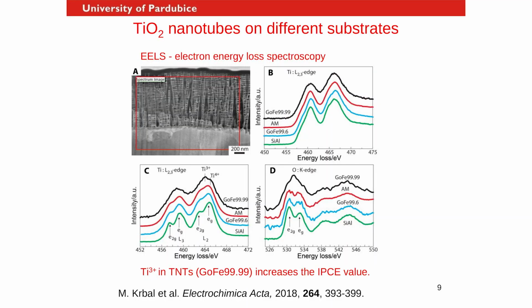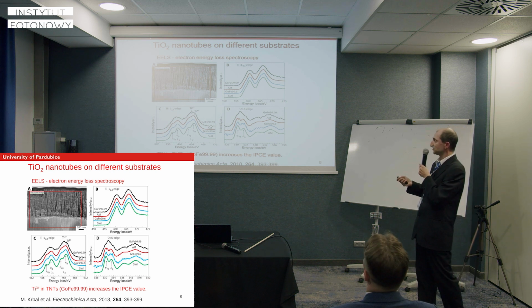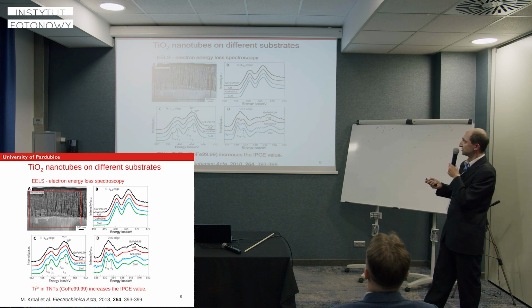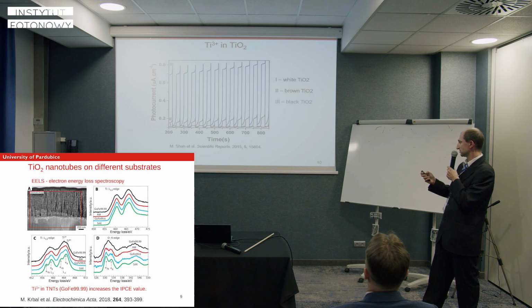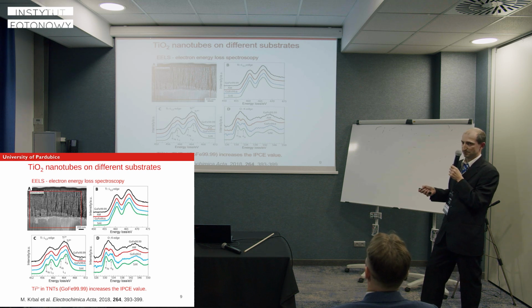We wanted to know. And then we did an experiment using electron energy loss spectroscopy, where you can see the local structure defects, especially we did it for the titanium L2,3 edge. So here, this is an inspected window, so that we can measure both titanium nanotubes and also titanium foil.